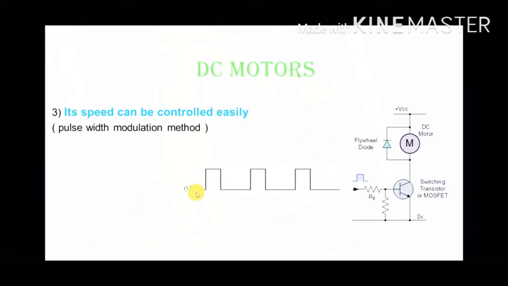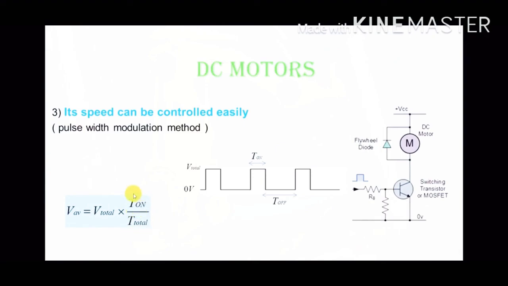Suppose that this is the zero level of our input voltage, and this is the total or maximum voltage. When we apply the input power at its total voltage for the time t on, and apply zero voltage at t off, we will find that the average voltage will be the total voltage, which is this value here, times t on over t total.